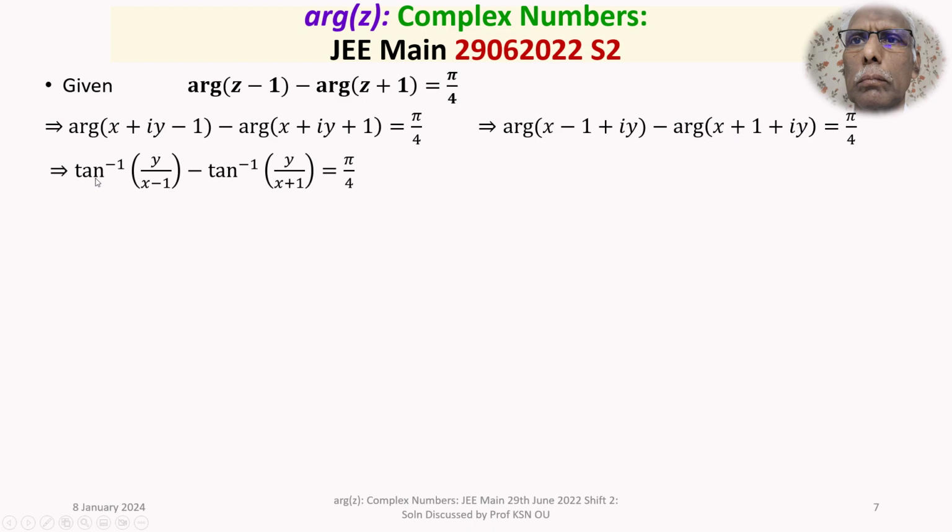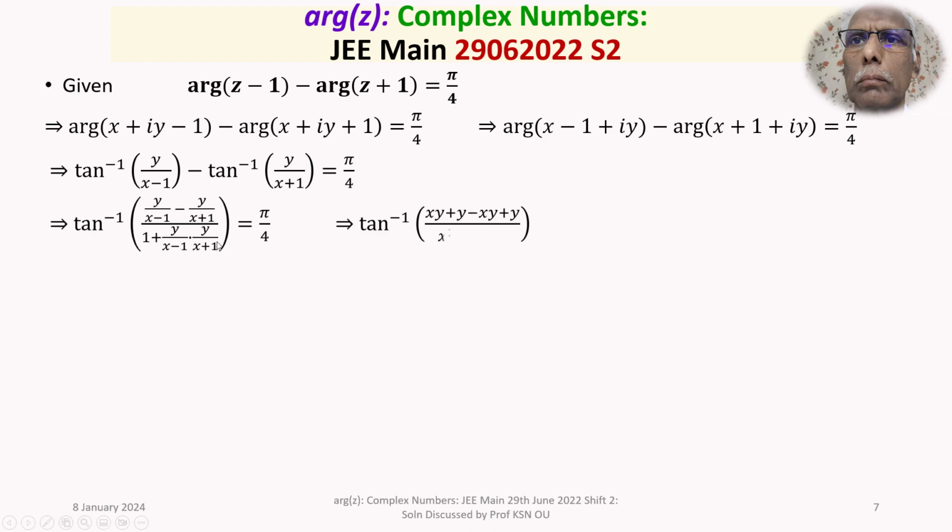And we know the formula, tan inverse of A minus tan inverse of B is tan inverse of A minus B by 1 plus AB. So, tan inverse of A minus B by 1 plus A into B is equal to pi by 4. Let us simplify. Take the LCM. The LCM is x square minus 1, both in the numerator and denominator, which will cancel.